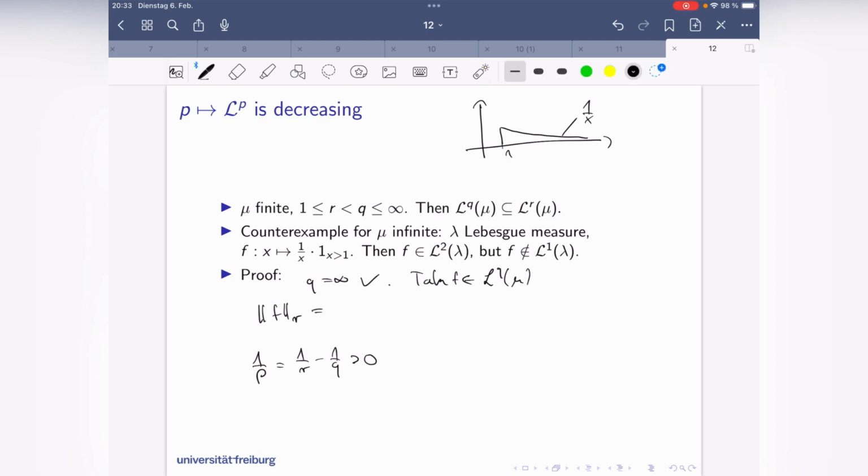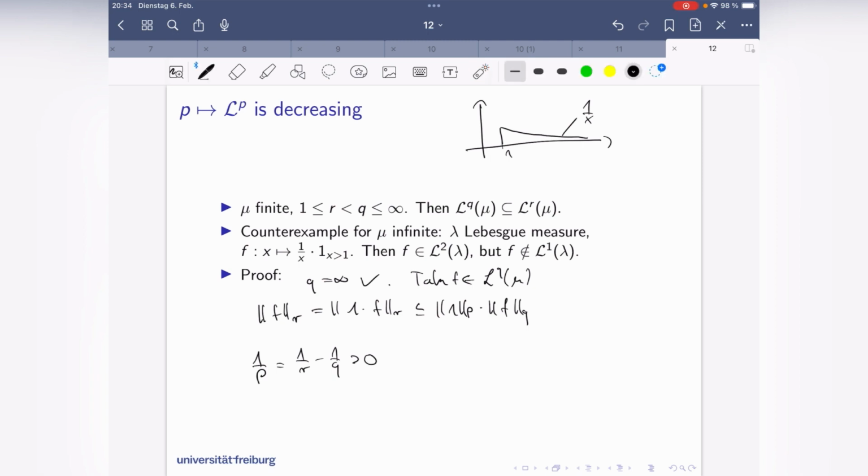And now we use Hölder's inequality. So this norm I can also write as the R norm of 1 times f, just multiplying by 1. Okay, that was easy. Now I have a product. I can use Hölder's inequality and take the P norm of 1 times the Q norm of f. And here I have the P norm of 1.